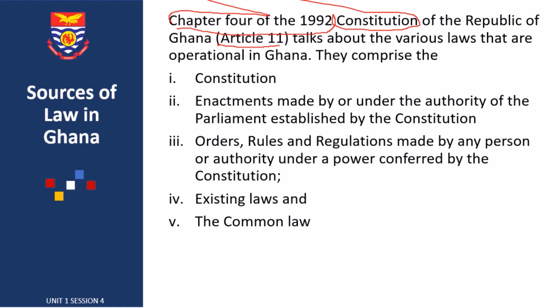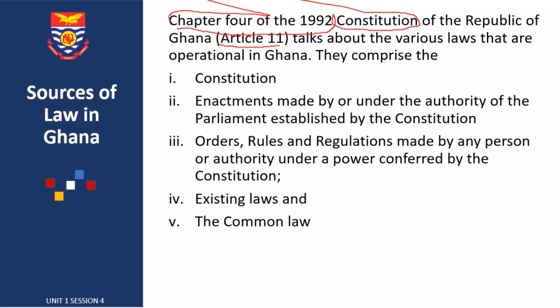So any provision in the Criminal Act that is inconsistent with the Constitution is invalid. That portion of that law is invalid, but the whole Criminal Act, Act 29, is still valid. So if there's any portion that goes contrary to what has been stated in the Constitution, that portion becomes invalid.